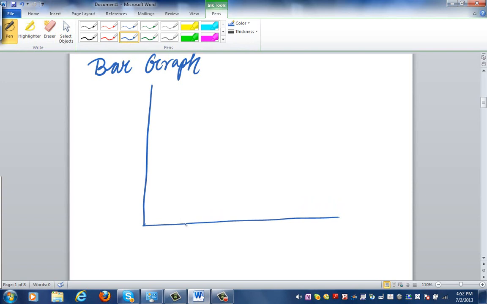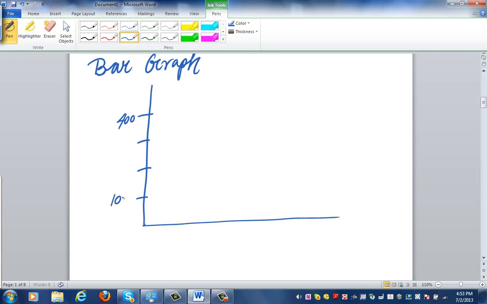For each category I'm going to have a bar or a rectangle, and both bars will have the same width. Let's say this height here is 100, 200, 300, and 400 is right here.